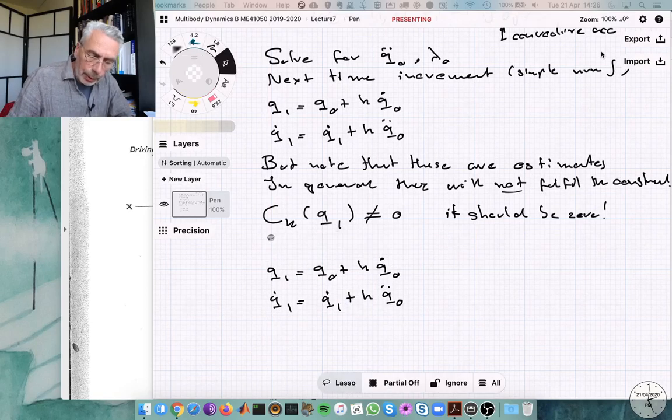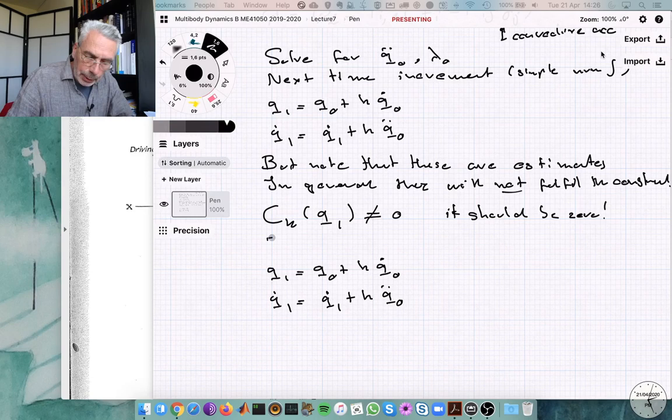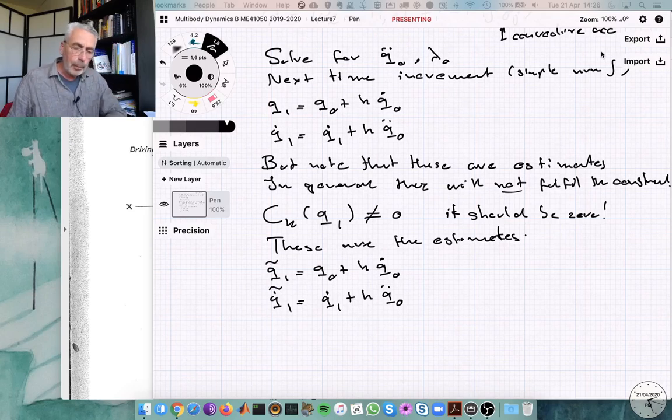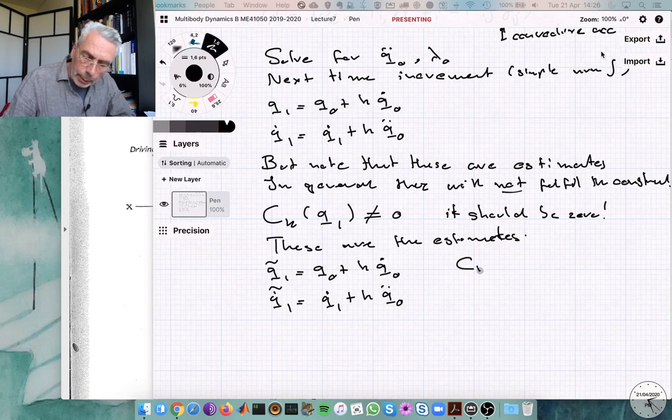So these are the estimates, estimators. And to show that, I put this slur on top of it. And again, we see that C_k of this slurred value is probably not 0.